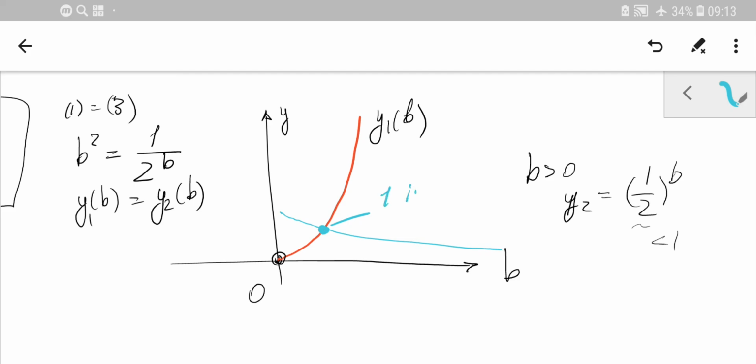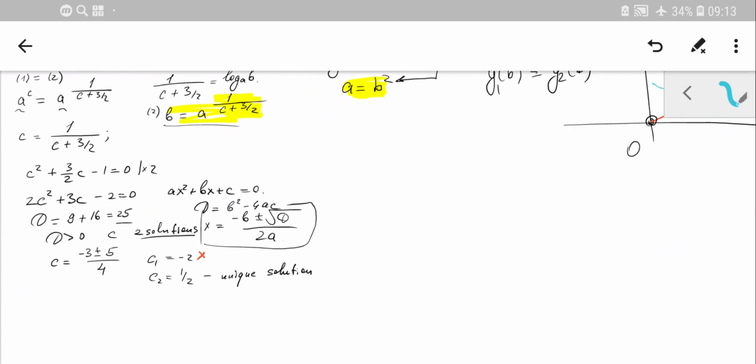So B will also be unique. We don't even need to figure out the value for that, and we're not going to do that. So B is also unique, as well as C.